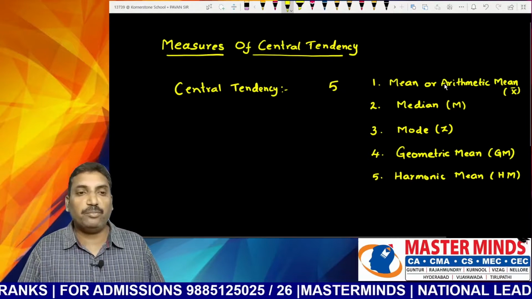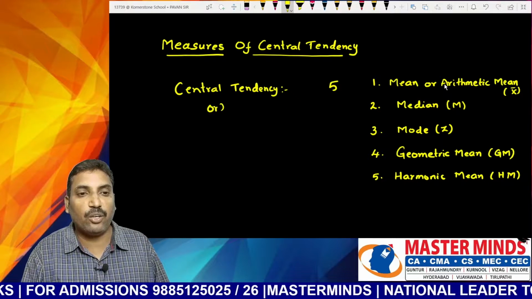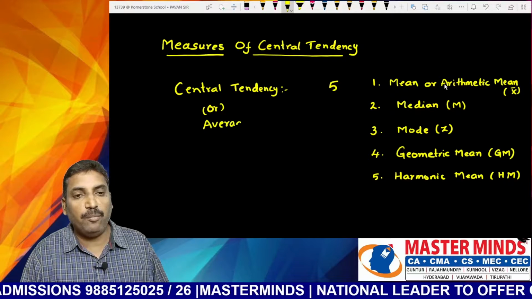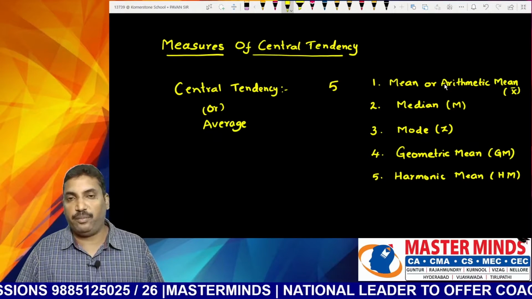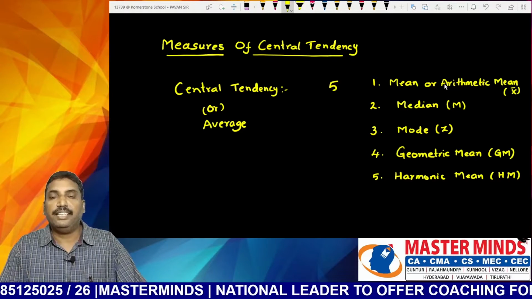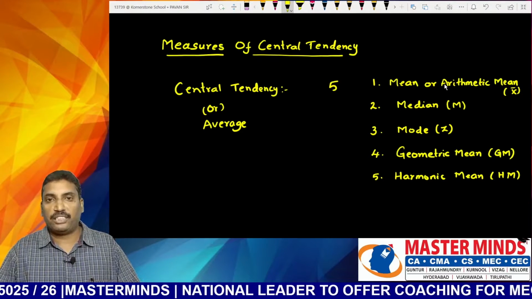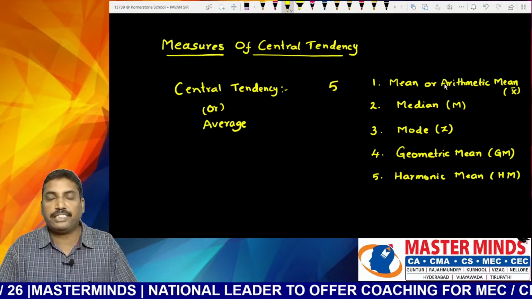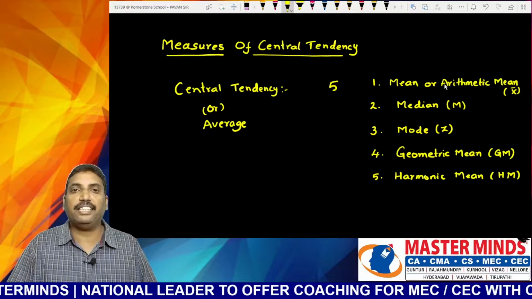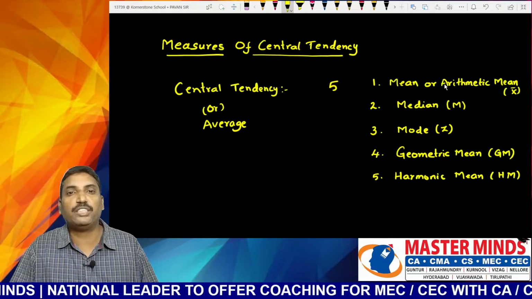What is average? It means central tendency, also called average. To a layman, average means mean only, but a statistical person knows that central tendency and average are the same. Average means a single value which represents the entire data. Similarly, central tendency is also a single value which represents the entire data.